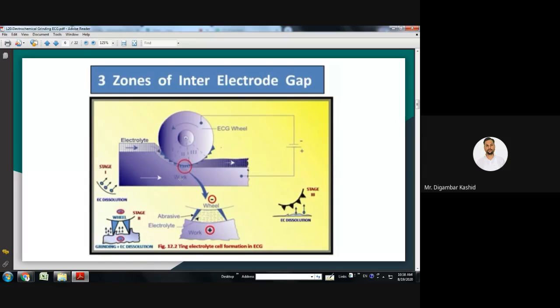I repeat, there will be a little bit of gap in between your grinding wheel and the workpiece.